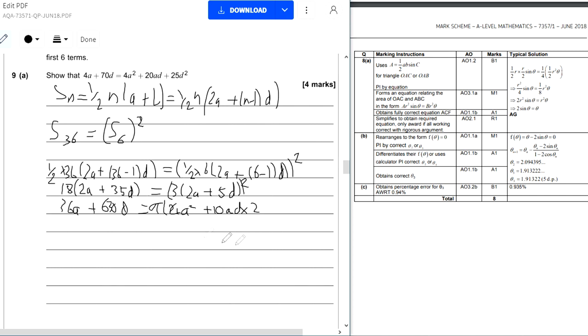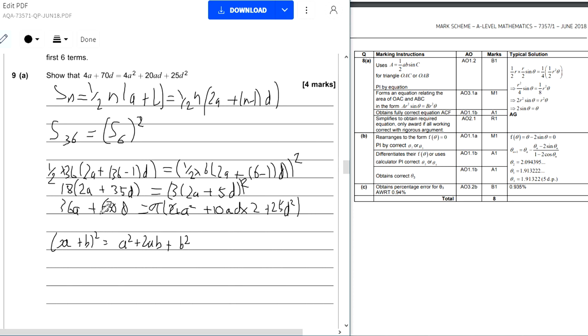In case you're not really used to this, (a plus b) squared is always going to be a squared plus 2ab plus b squared, and that's literally what I'm doing here. So a in this case is 2a, giving 4a squared. 2a times 5d is going to be 10ad, but there's 2 of them. And then b squared is going to be 25d squared.